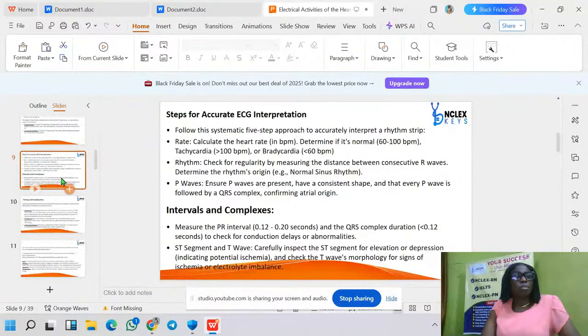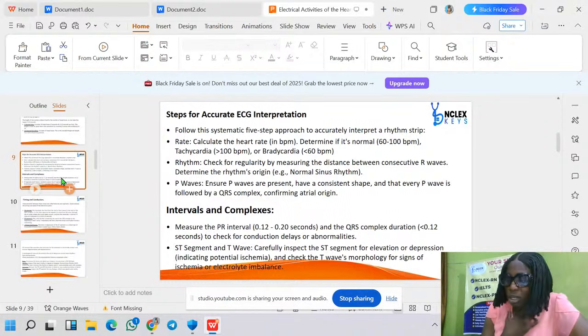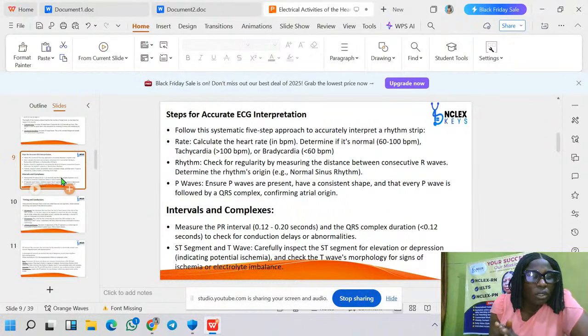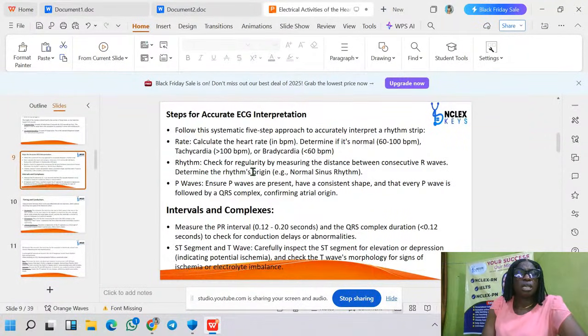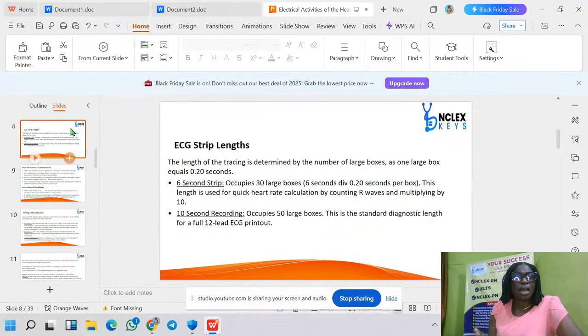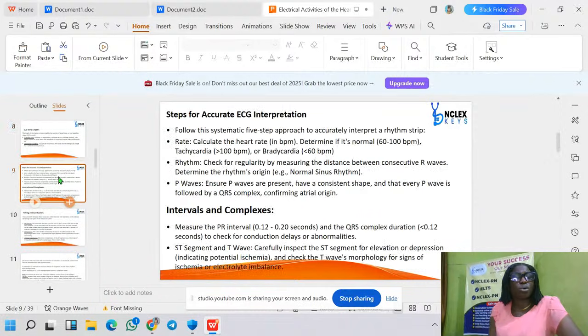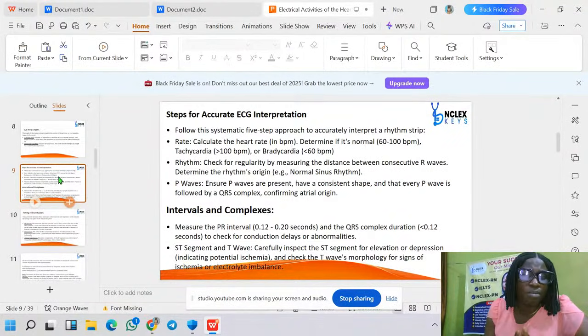You want to look at the P wave. Is it round? Is it covering 1 to 3 boxes? Is it preceding each QRS? Secondly, you look at the PR. Is the PR not longer than 5 boxes?